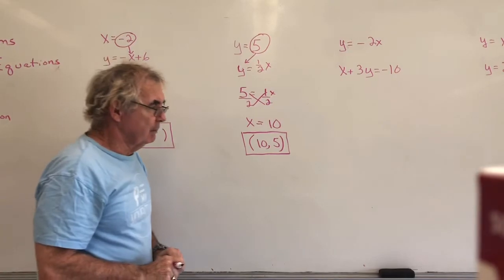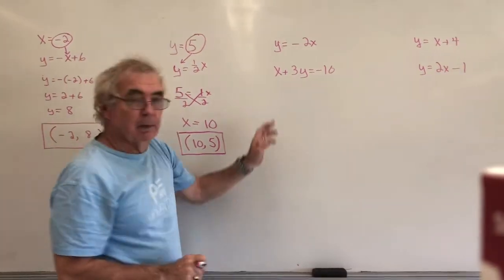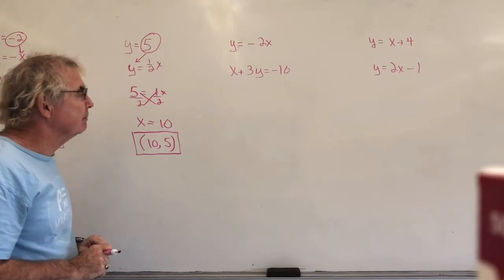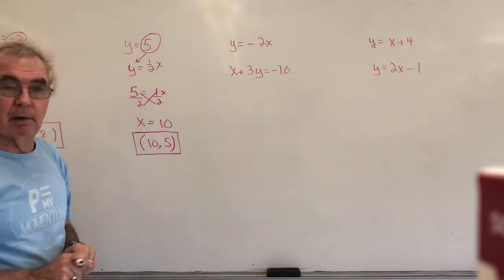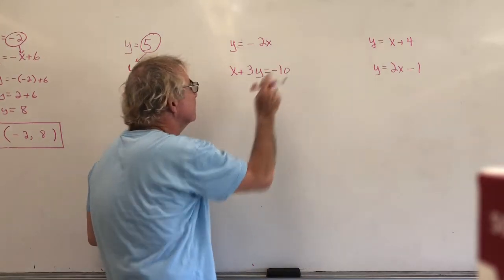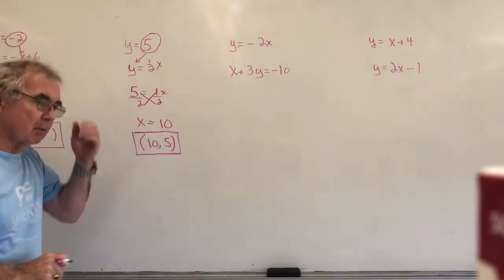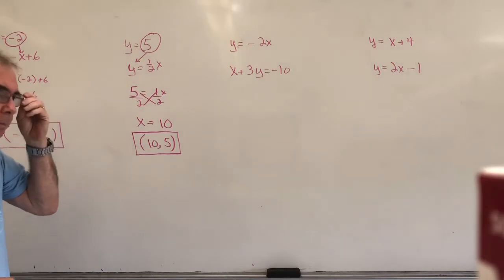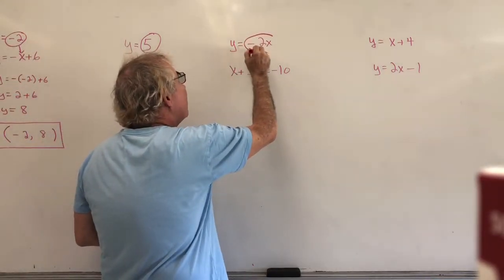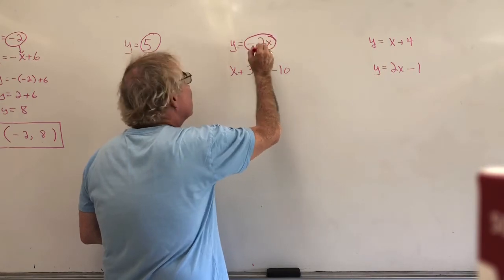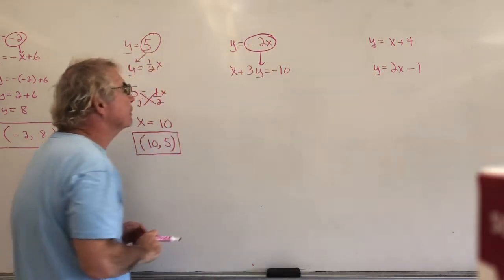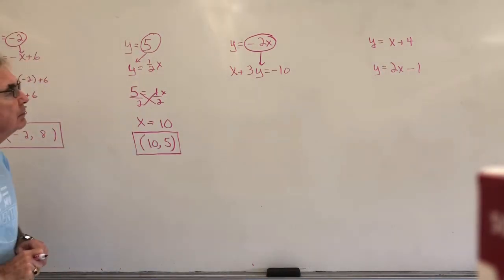A third example. We have 2 equations. Y is now equal to -2x. And the second equation is x plus 3y is -10. So we're going to substitute. We have -2x for y, and we're going to put that right there, because that's what y is equal to.